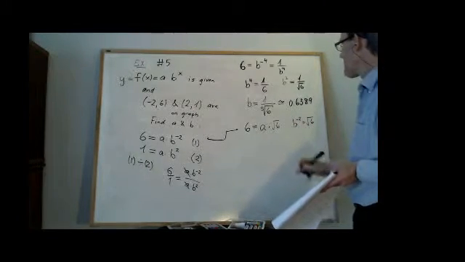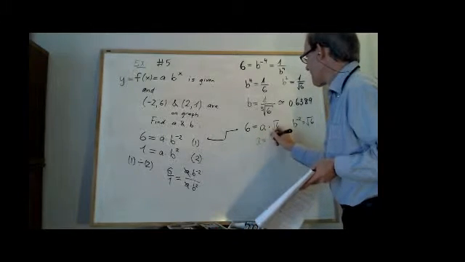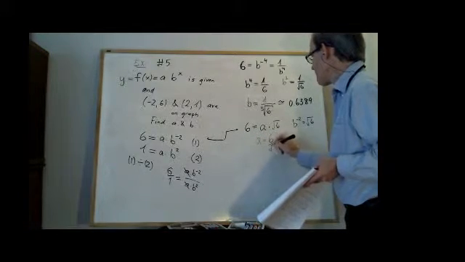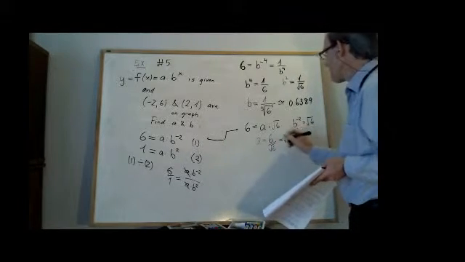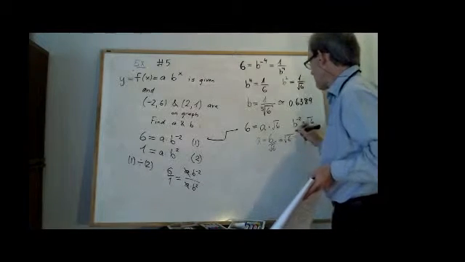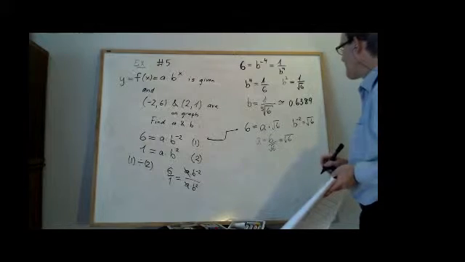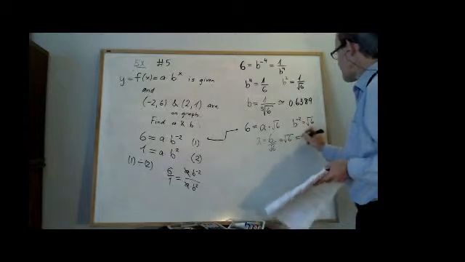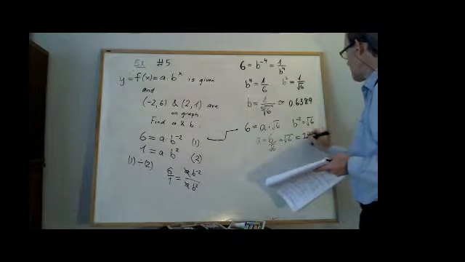Now when I divide both sides by the square root of 6, I get 6 over root 6, which is just the square root of 6, because that's the square of this. So that's the exact answer for a, and that's about 2.4492.